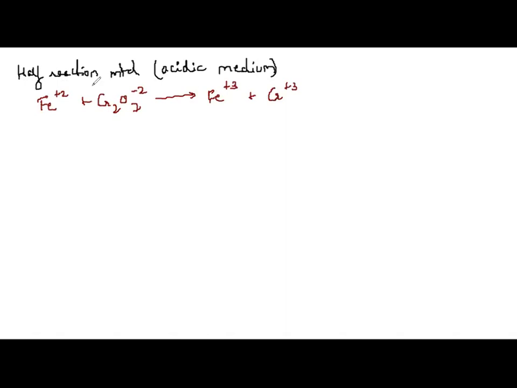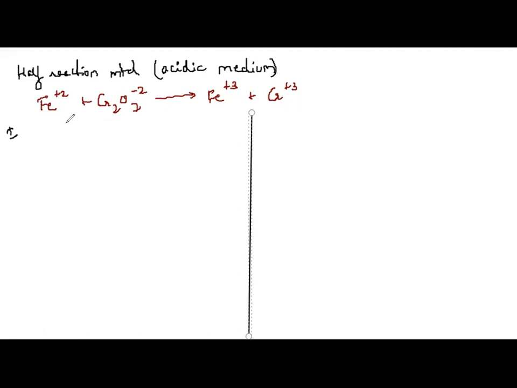Okay, so this is the reaction given. In the first step, what we will do? Separate the equation into half reactions. So we will separate them out like this. You do it this way, this is the better way. For practicing, when we are doing questions, I'll tell you the easy methods of how we can proceed.